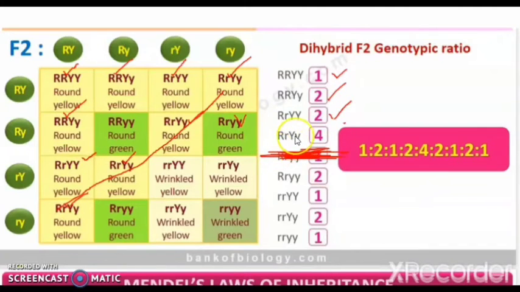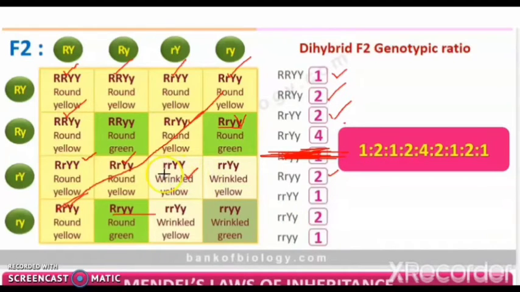And next, after that it forms capital R, small y. So how many are there? 2 are there, this one, capital R, small y, and here also we have capital R, small y. So there are 2 in number, and then comes small r, capital Y. How many are there?